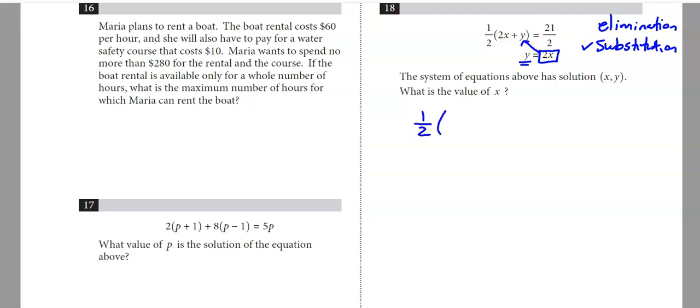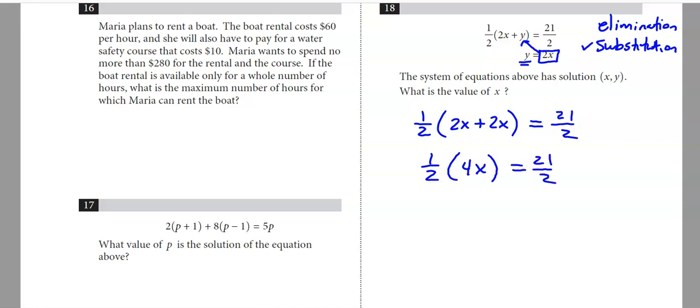So let's do this. 1/2 of 2x plus 2x equals 21/2. And this is 1/2 of 4x equals 21/2. Well, what's 1/2 of 4x? Half of 4x is just 2x equals 21/2.